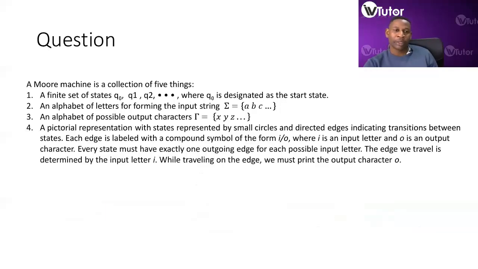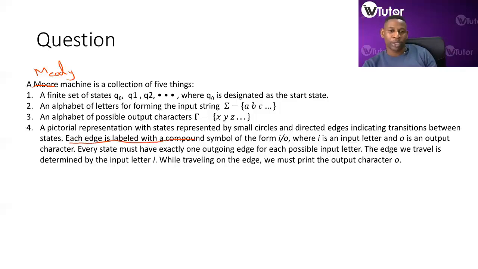So if you look at the Mealy machine, we said we have a finite set of Q states, an alphabet of input letters, then our possible output characters, and the pictorial representation. So this is now the Mealy machine. States are drawn as small circles, and the directed edges are transitions between the states.